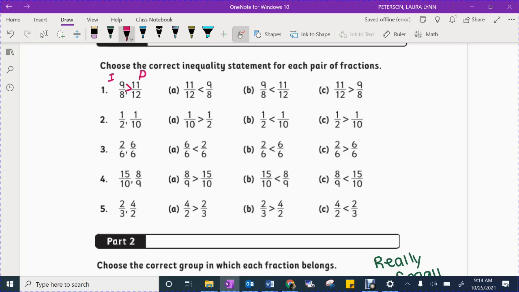Let me see. Let's look at part C. The alligator's eating 11/12. That doesn't work because it needs to eat 9/8. Part B, the alligator mouth is still eating 11/12. Still doesn't work. Part A, though, 9/8 is being eaten. So that means part A is our answer.